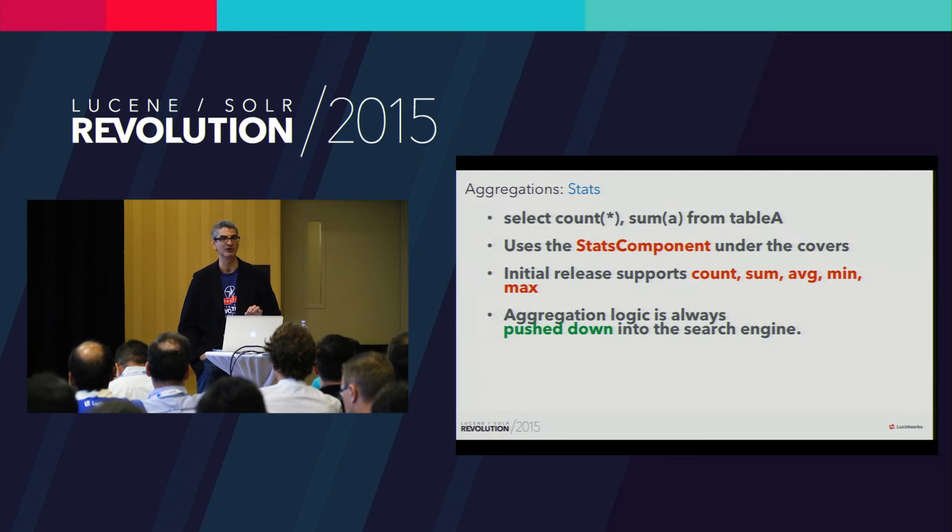I don't know how good Spark is at pushing down. Spark has a different problem in that they connect to lots of different things, and it's very hard to push down to lots of different things. You can push certain things down, but you can't push shuffling down. Sometimes it's hard to push down aggregations on some engines. With Solr, you can push a lot of stuff down.